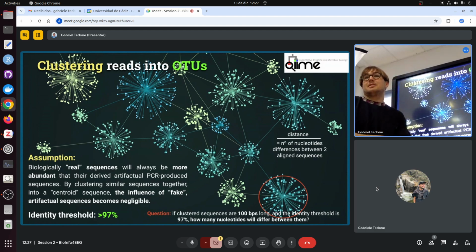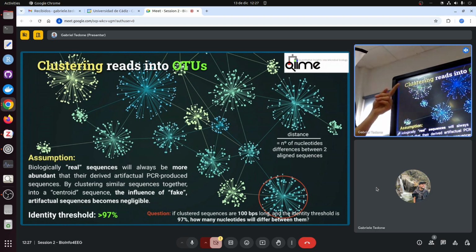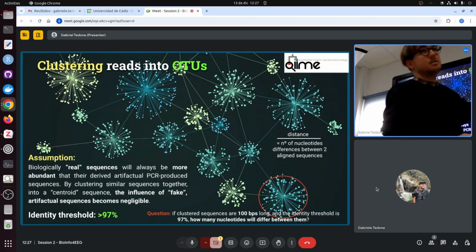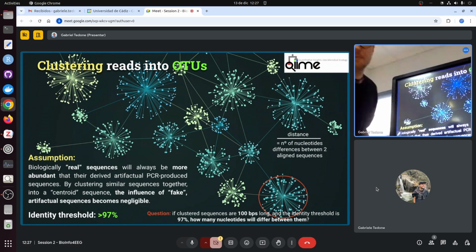If we keep in mind these are 100 nucleotides long, and we cluster them at 97% identity, only 3 nucleotides will differ from all of these sequences, and we cluster them together.